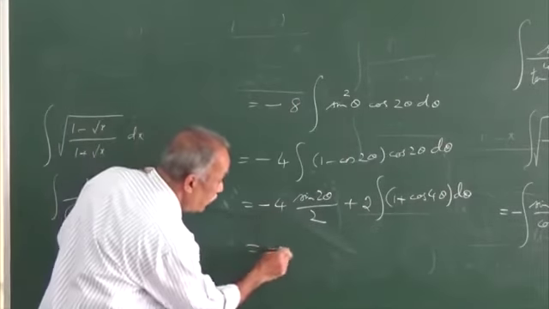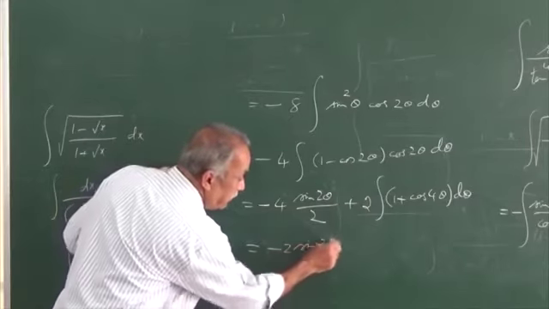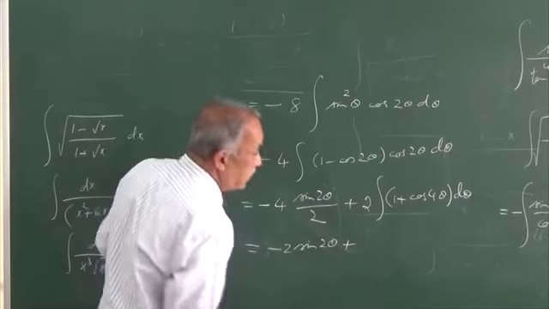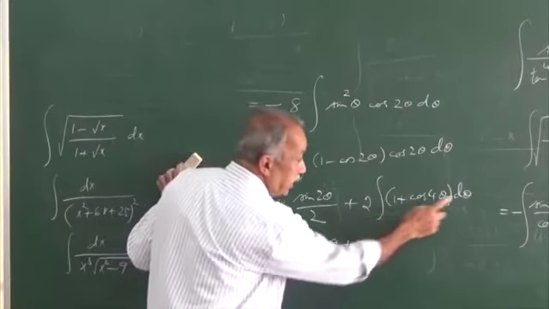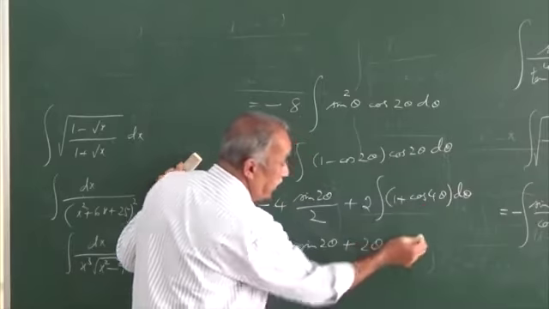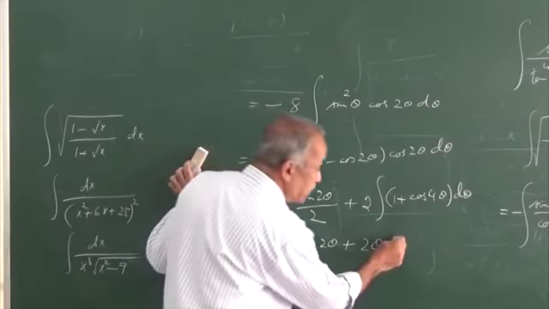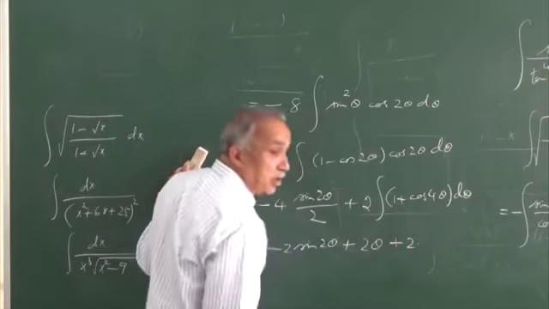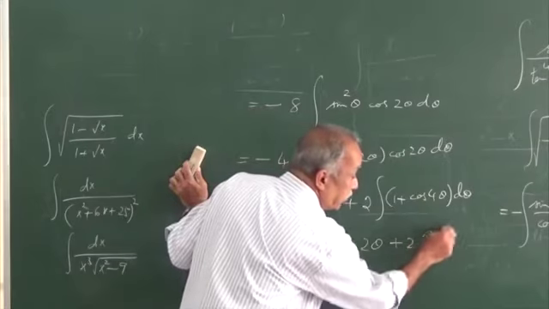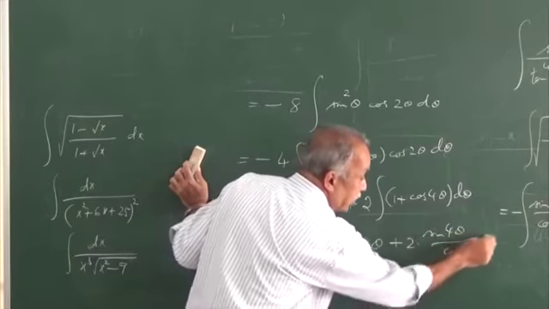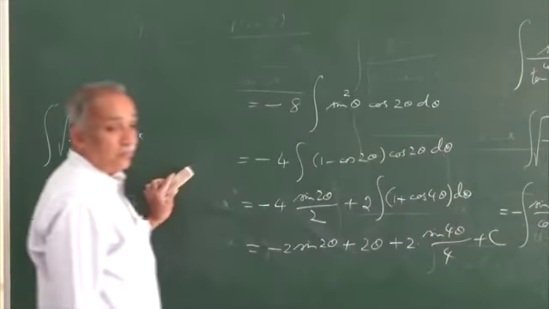Minus 2 sin 2 theta plus 2 into integral 1 d theta, 2 theta, plus 2 into integral cos 4 theta, sin 4 theta by 4, plus a constant of integration.